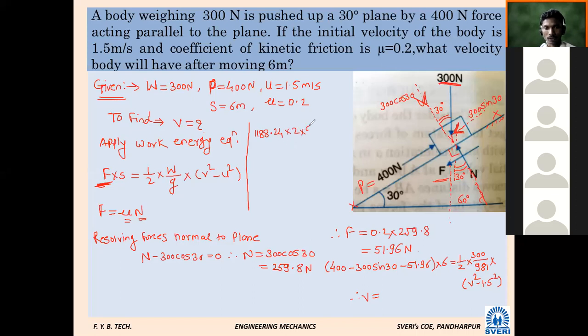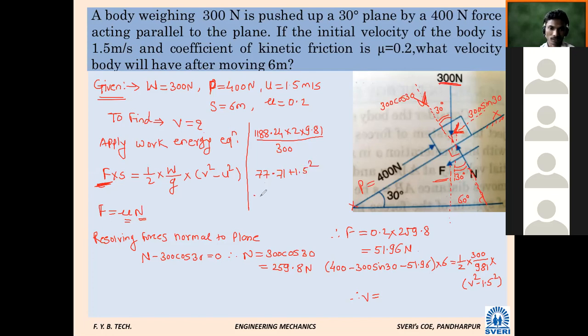Into 2 into 9.81 divided by 300. Tell me the calculation, how much does it come? 77.71. Minus becomes plus 1.5 square.